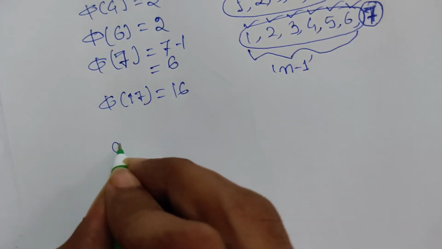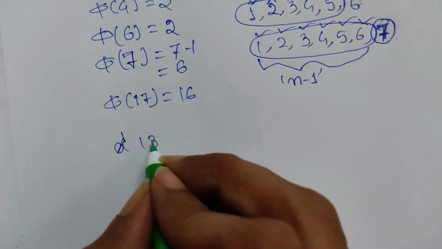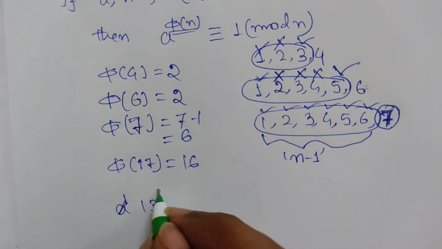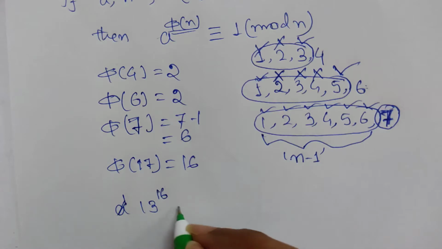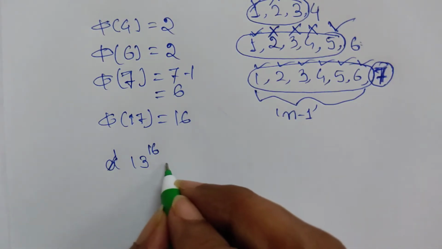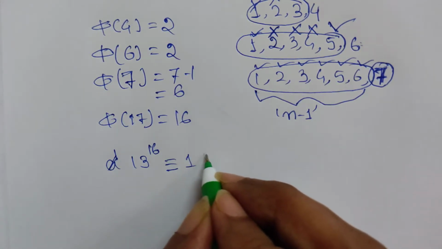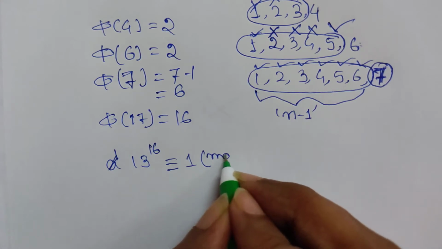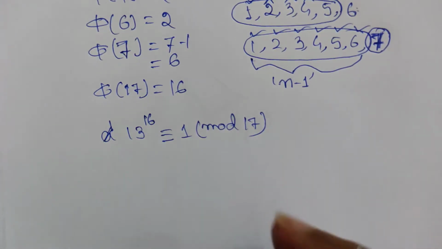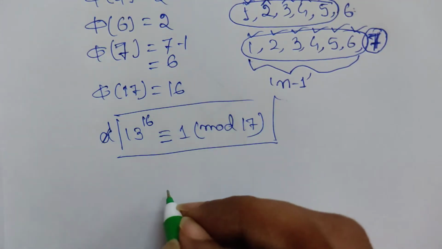So 13 to the power 16 is congruent modulo 1 mod 17. This condition must be satisfied from Euler's theorem.